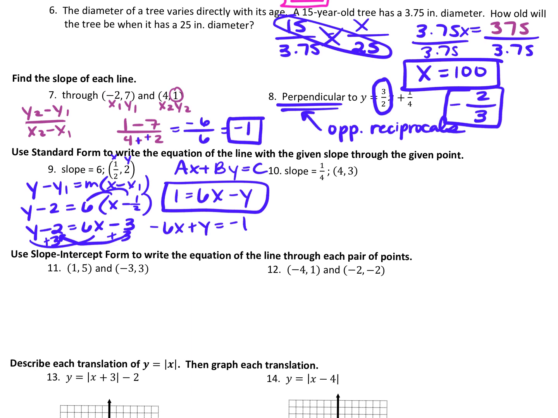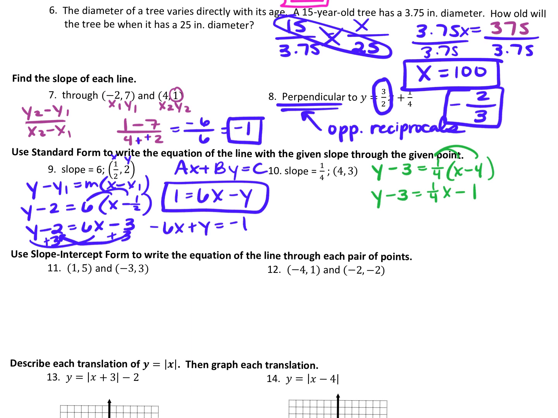Same thing on number 10. You have a point and a slope. So I'm going to put that into point slope form. y minus 3 equals 1/4 times x minus 4. And then distribute. So y minus 3 equals 1/4 x minus 1.